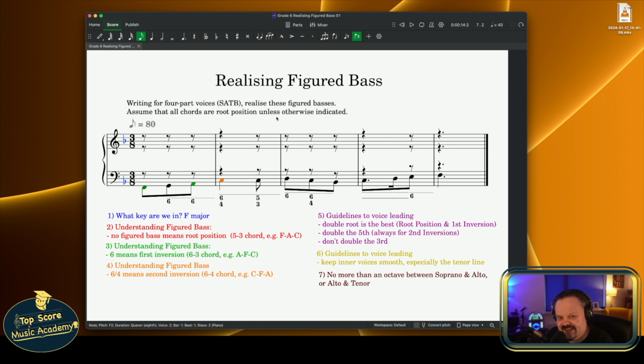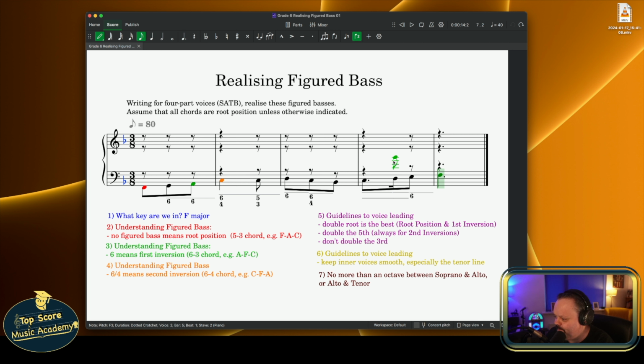But if you start at the end and work backwards, then you can see exactly where the voices in the previous chord want to progress to, and it makes life a lot easier deciding on where particular voices or notes are going to go. So if we begin at the end and work our way up, we should be hopefully okay.